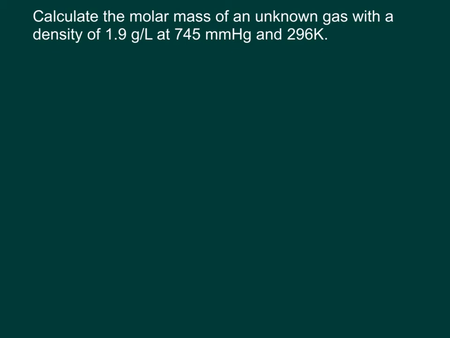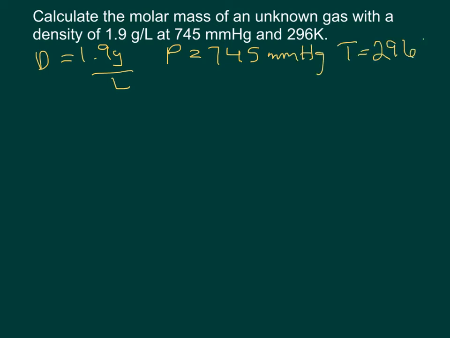Now the other type of calculation I can do is I can calculate the molar mass of an unknown gas given its density and the pressure and temperature. So from this, I know my density, and if I know density, I know my number of grams per 1 liter. I also know from this equation that my pressure is 745 millimeters of mercury and my temperature is 296 Kelvin.